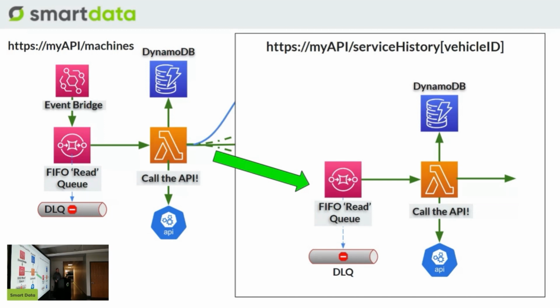So if I need to get service history more often than I need to get the list of machines, I can increase the machine schedule's periodicity to a higher frequency, but then I'm unnecessarily calling that to refresh the data more often than I would need. So the answer is that's a future enhancement we're working on.